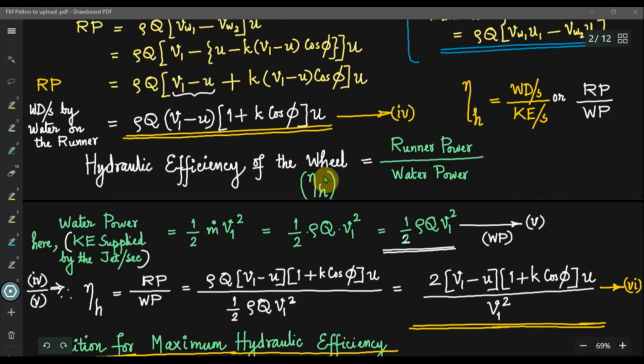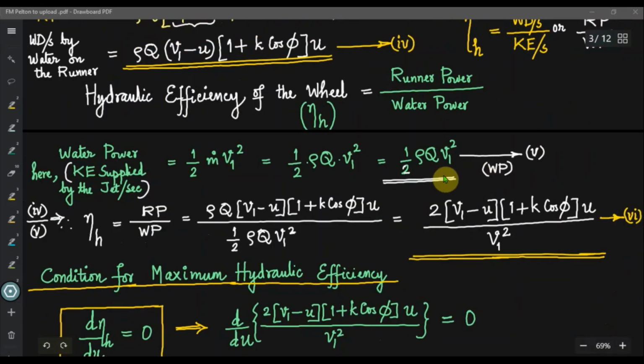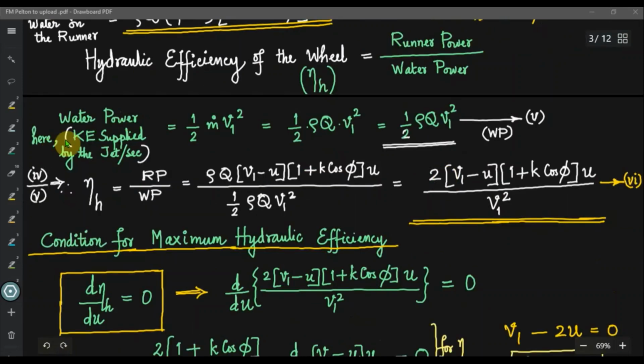Hydraulic efficiency of the Pelton wheel, or eta suffix H, can be found out by runner power divided by water power. That is the work done per second by the water on the runner divided by the kinetic energy supplied by the jet per second. Now what is the water power or kinetic energy supplied by the jet per second in the case of Pelton wheel?